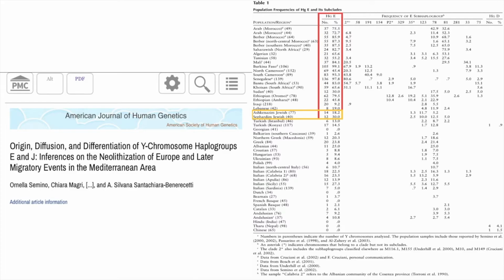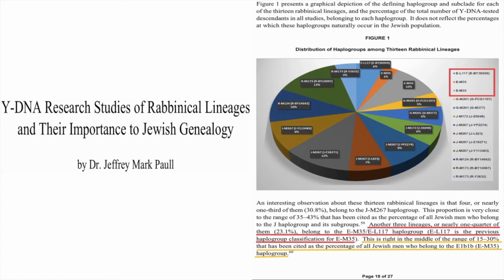It's basically in Jewish population, Ashkenazi populations at 18.2%, and Sephardic Jewish populations at 30%. And so here is a test, as a paper as well, dealing with rabbinical Jewish lineages. And it says another three lineages, or nearly 1/4 of them, 23.1%, belong to the E-M35/E-L117 haplogroup.